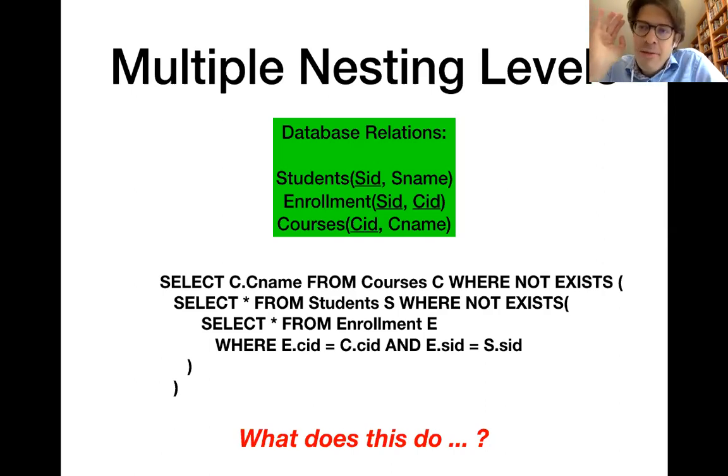In order to break that down, so that is perhaps the most complex query we have seen so far. Okay, so let's break it down a bit. Let's make it simpler by imagining that we have already fixed one course in the outermost loop.